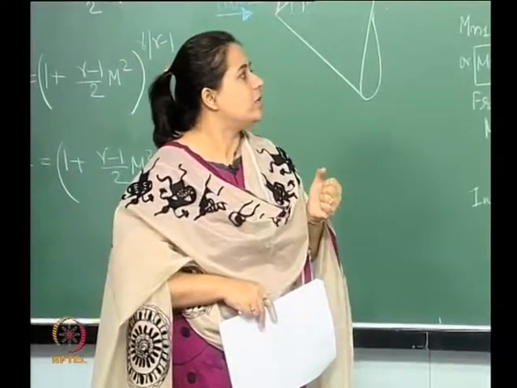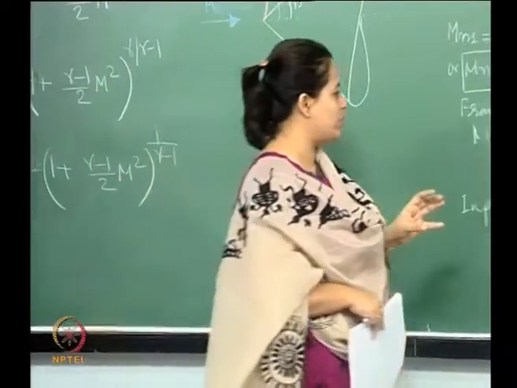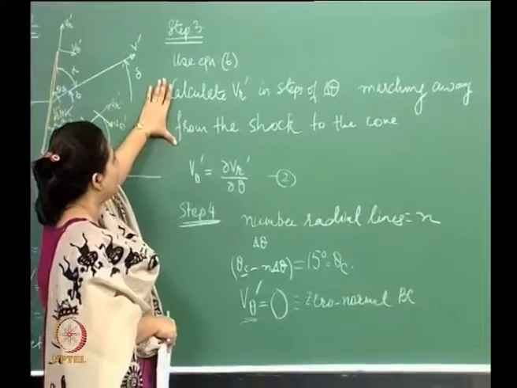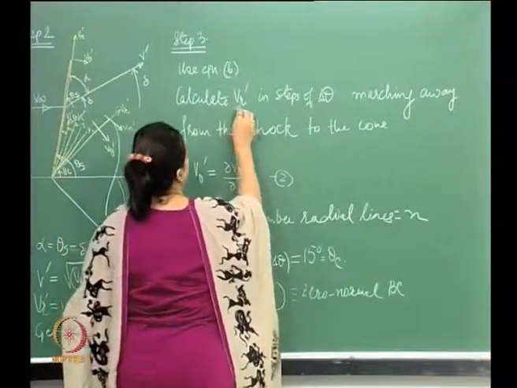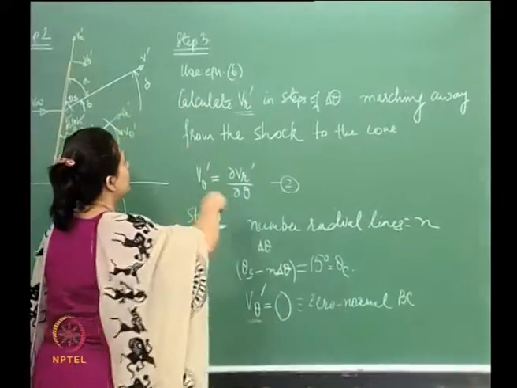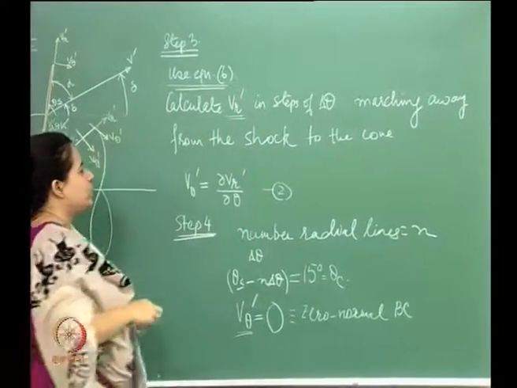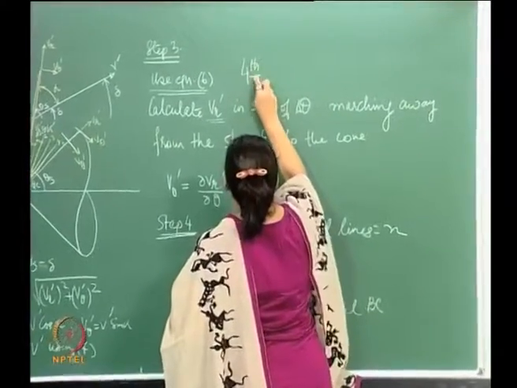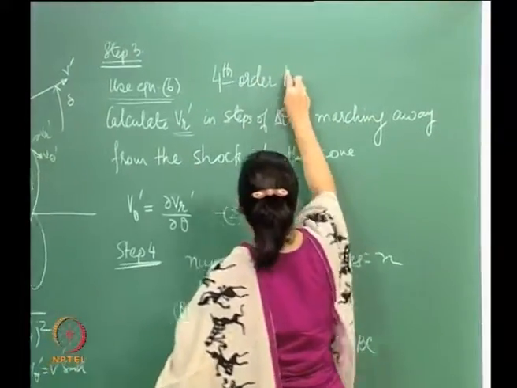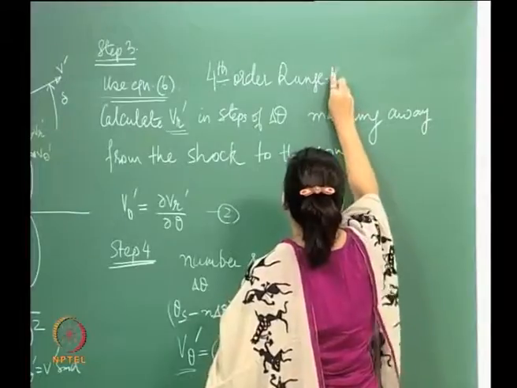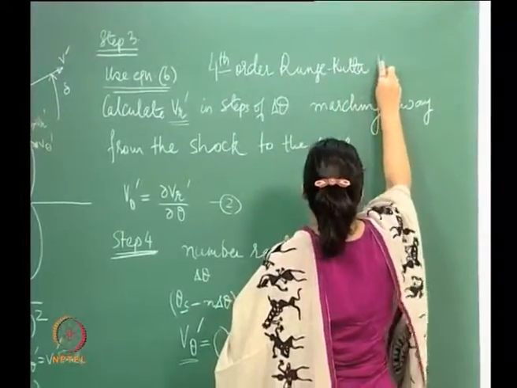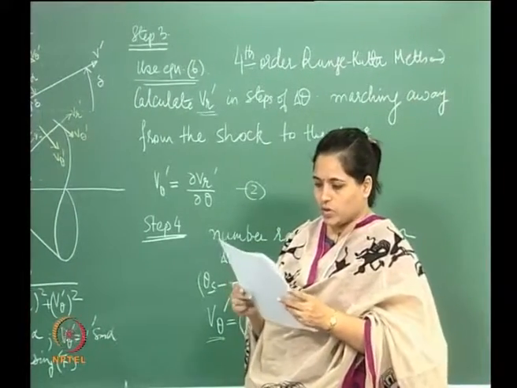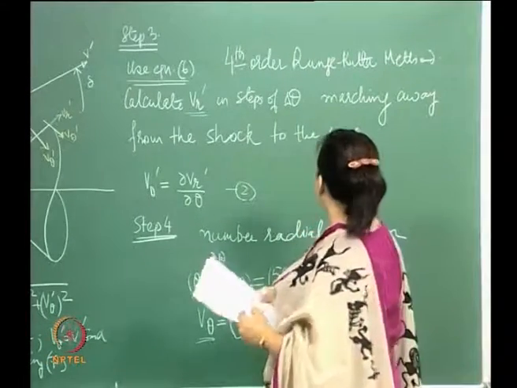The complicated part, or the majority of the work in the problem, is essentially here in step 3, where we need to calculate V r dash using equation 6. This is the Taylor-Maccoll equation, where we are going to use a fourth order Runge-Kutta method.